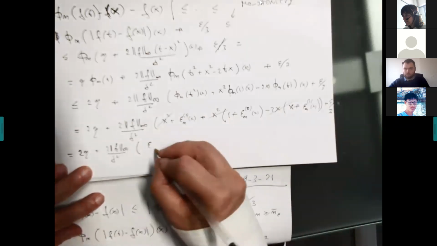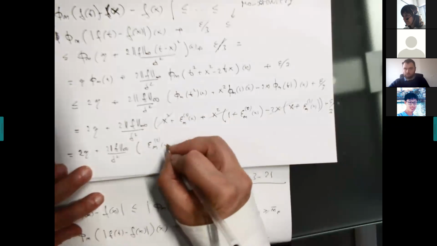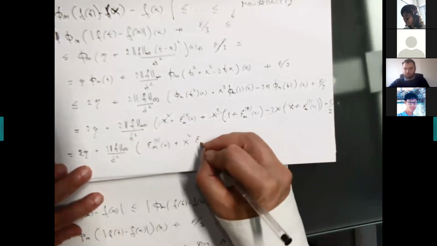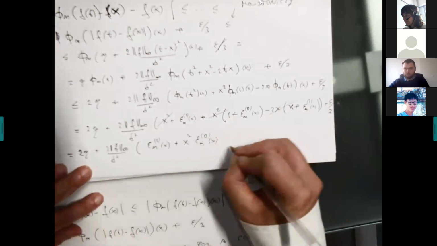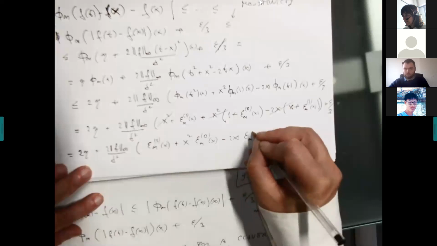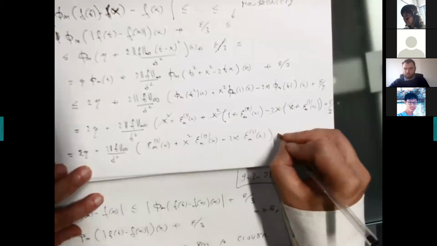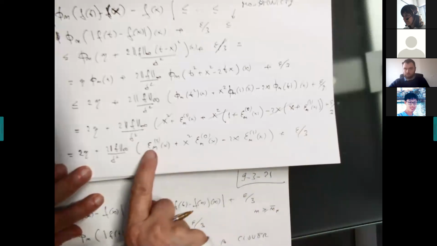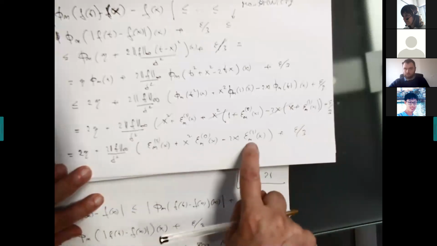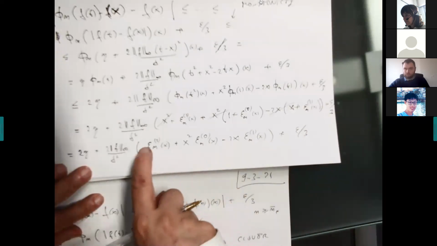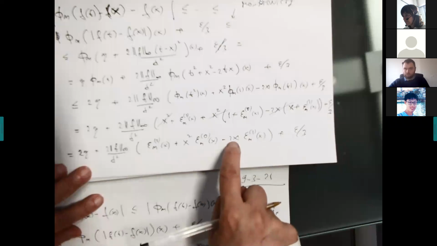So you obtain epsilon n2 of x plus x squared epsilon n0 of x minus 2x epsilon n1 of x, plus epsilon divided by 3. So it is a combination of errors going uniformly to 0, multiplied by bounded functions 1, x squared and minus 2x.